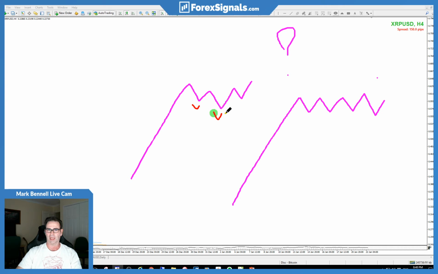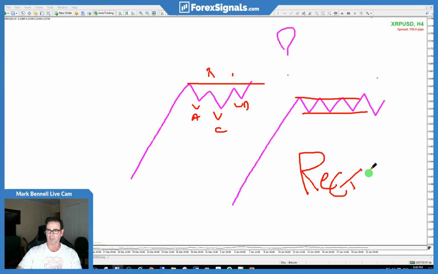Little head and shoulders against resistance. ABC 1, 2 if you're into Elliott. Davis box, or simply a rectangle, okay, with a shakeout both sides. Very good, everyone's listening.